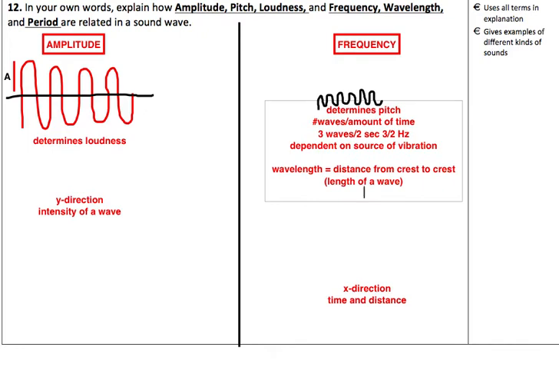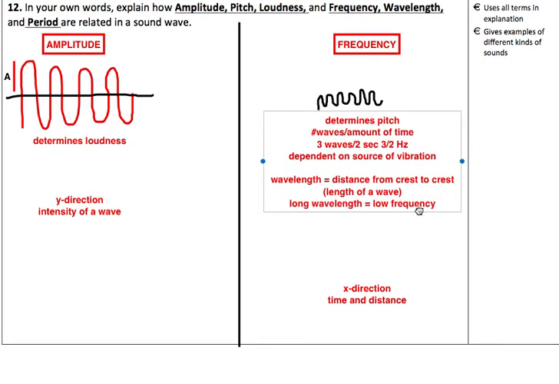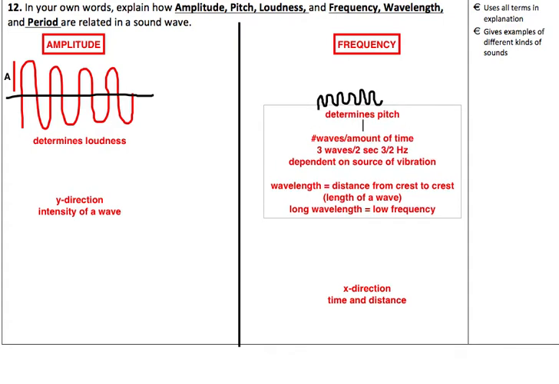Okay, if you have a long wavelength in a constant medium, which means the speed of sound is not changing, you would have a very low frequency. So a sound that had a long wavelength would have a low pitch. Let me space this out a little bit.